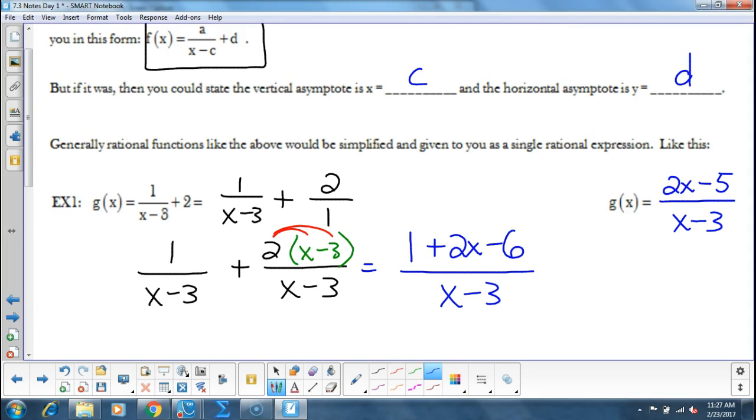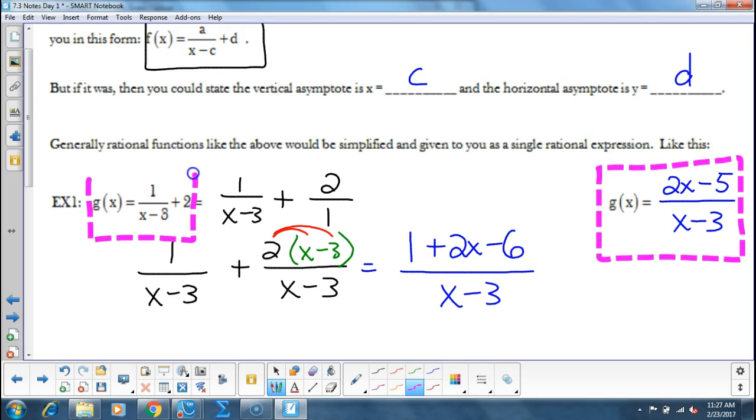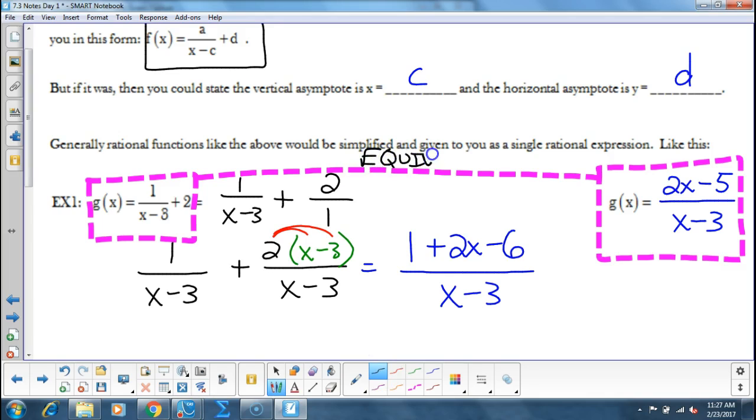And these two functions, g of x here and g of x here, are what we call equivalent. They're the same, just written differently.